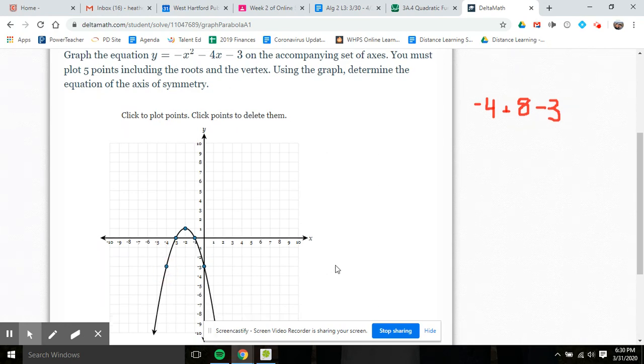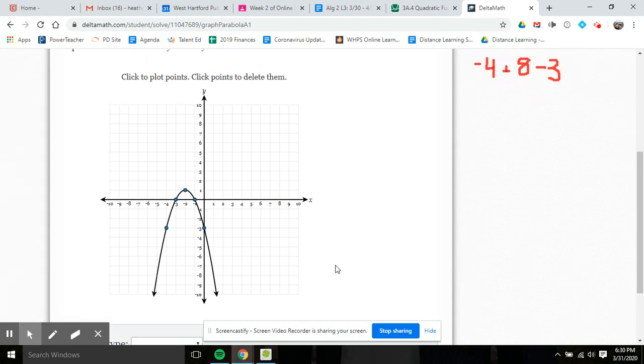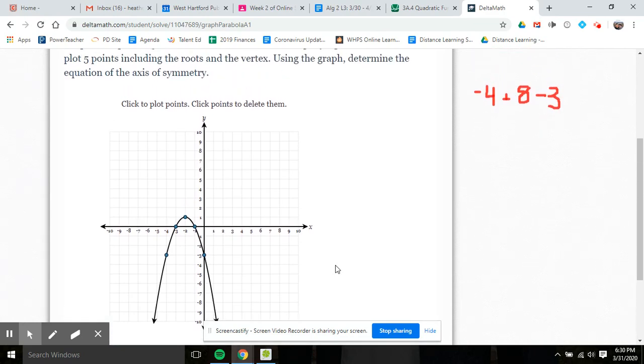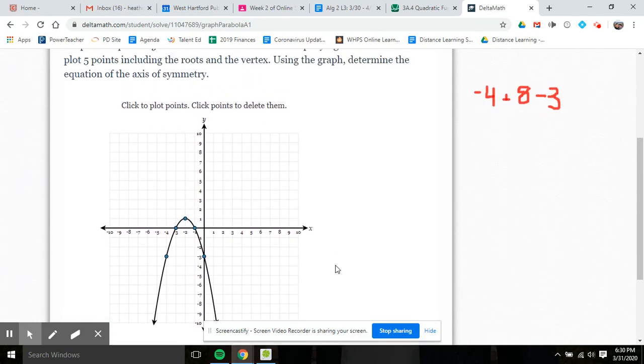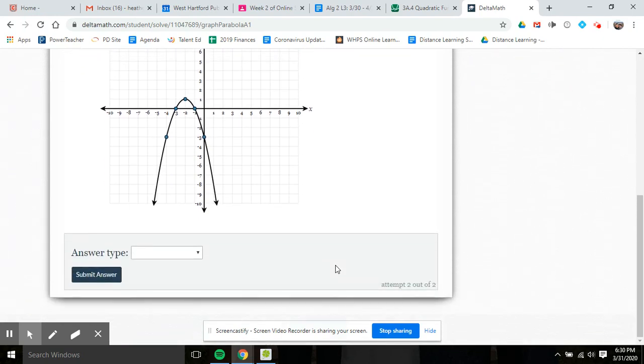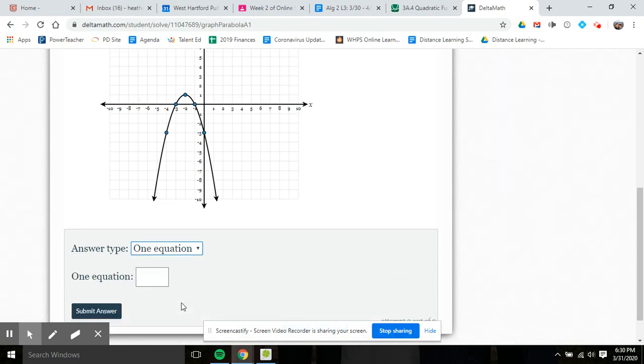Once you have your 5 points, it'll automatically draw the line through it to make your graph. Now, it says using the graph, determine the equation of the axis of symmetry. Down here it says answer type. In order to write the equation of the axis of symmetry, I want to have an equation as my answer. So my answer here is going to be x equals negative 2.